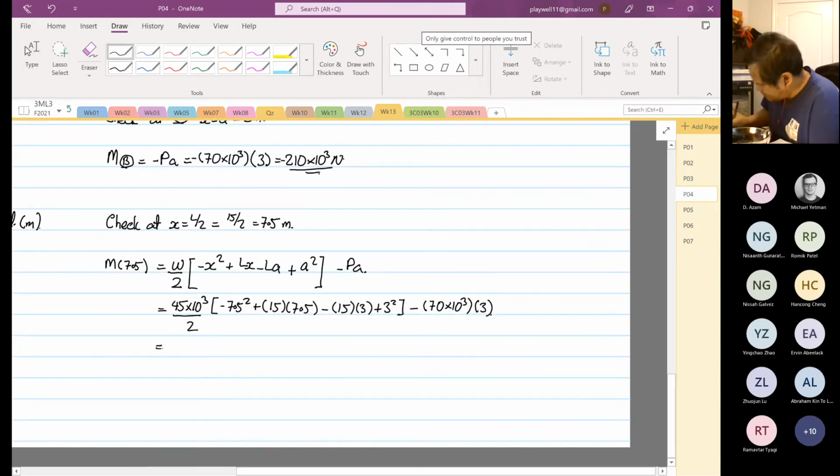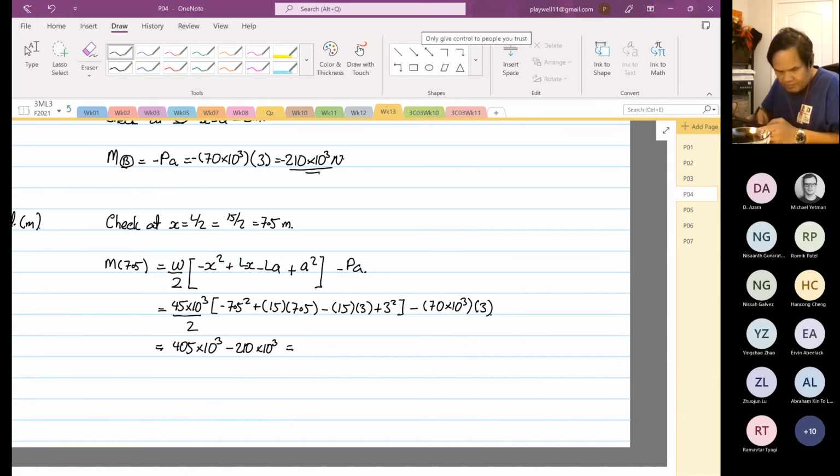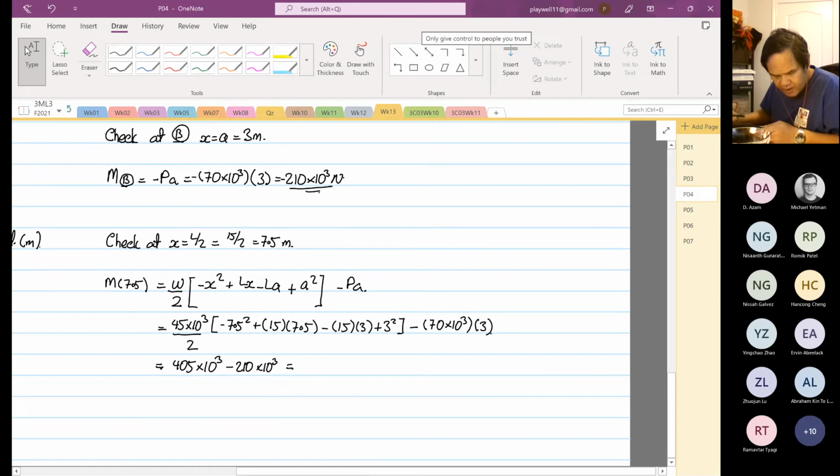This will be equal to minus 7.5 squared plus 15 times 7.5 minus 15 times 3 plus 9, times 45 times 10 to the power 3 divided by 2. Wait, there's something wrong with my calculation. L is 15, okay, it's correct.